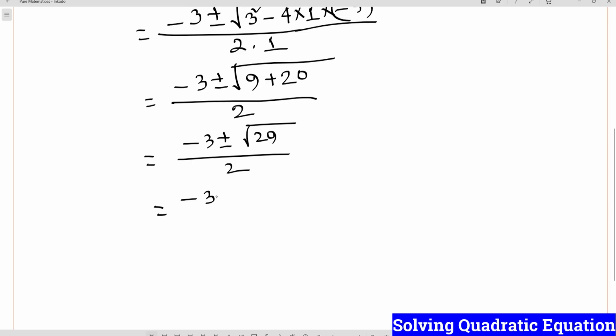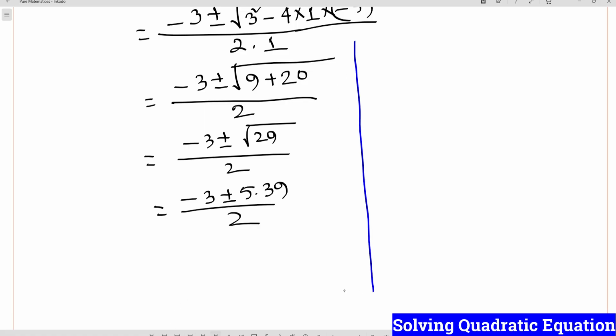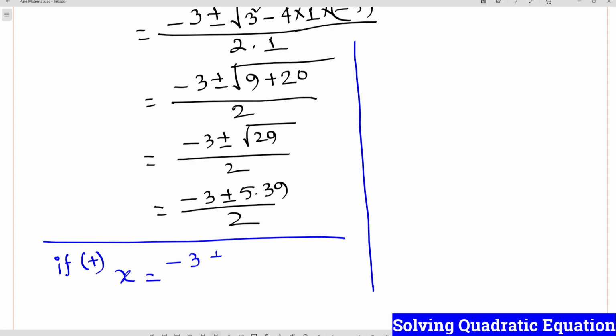So minus 3 plus minus 5.39 divided by 2. Here are the two things, plus and minus. So in this case, if positive, x equals minus 3 plus 5.39 divided by 2.